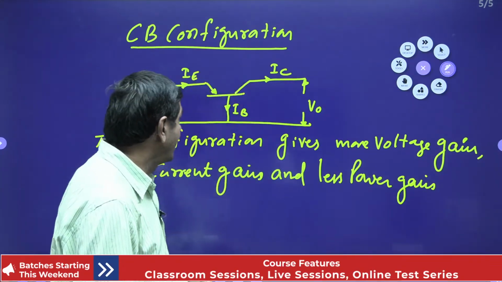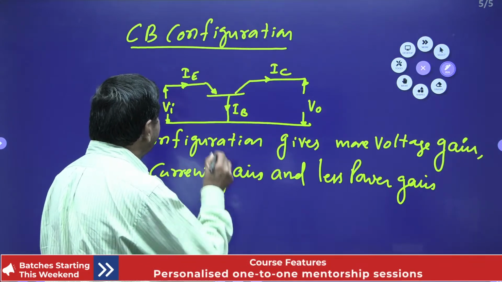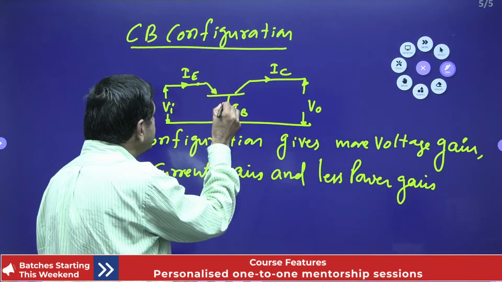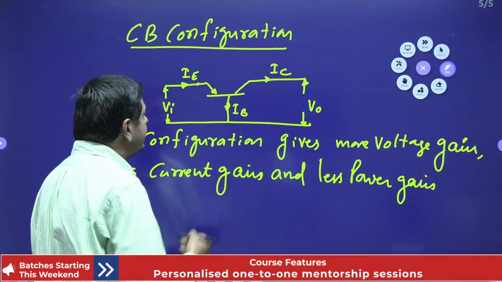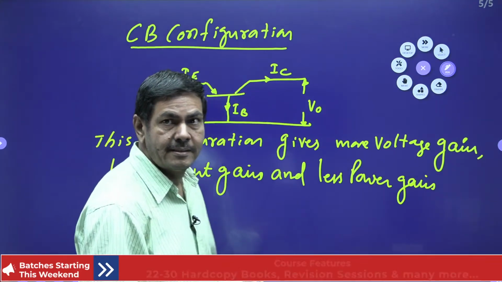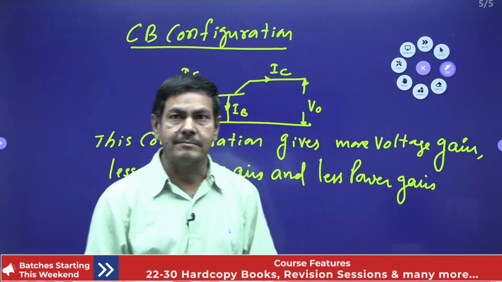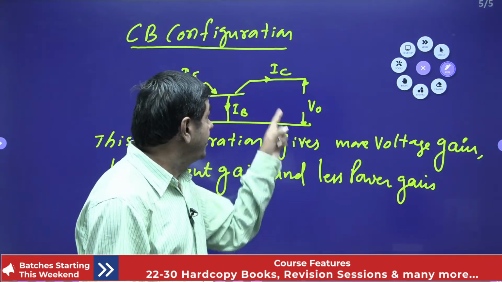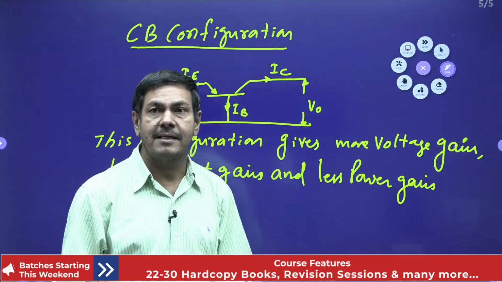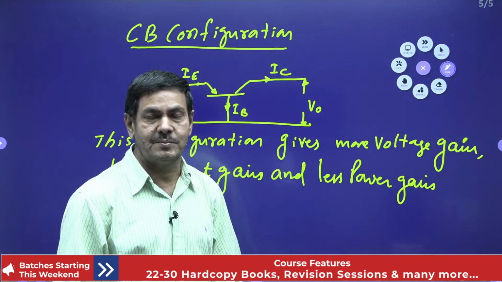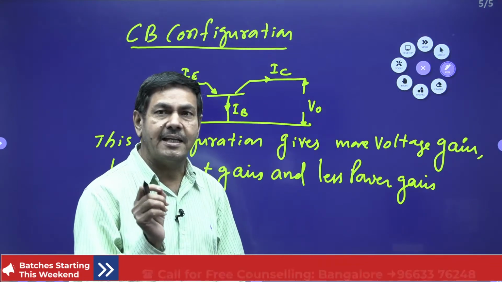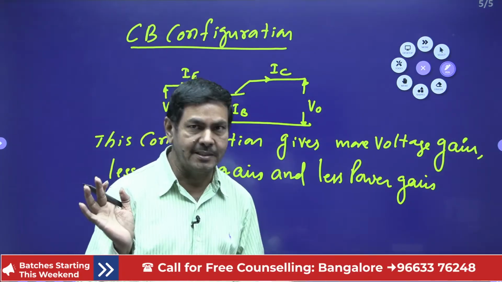Understand my point now. Here, in between this emitter and base, there is a junction J1. In between collector and base, there is a junction J2. Each junction can have some resistance.